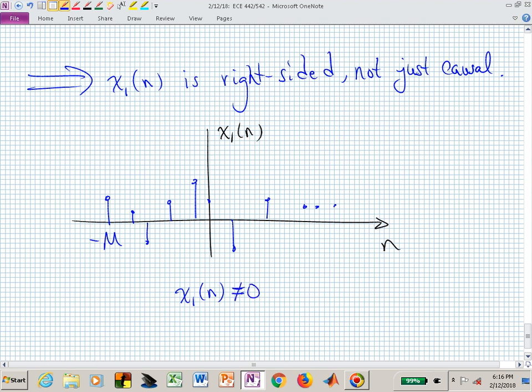The time sequence, little x sub 1 of n, is allowed to be non-zero for all values of n greater than or equal to minus capital M, and here minus M is negative.